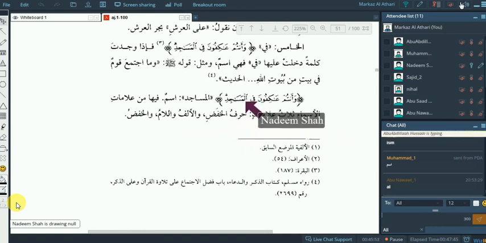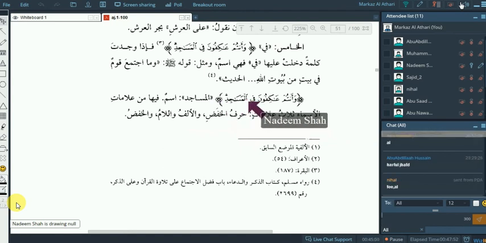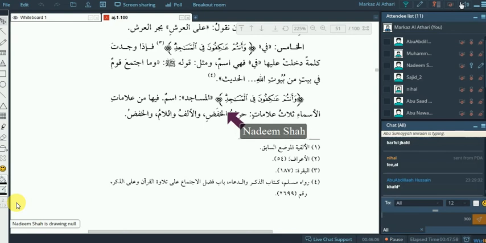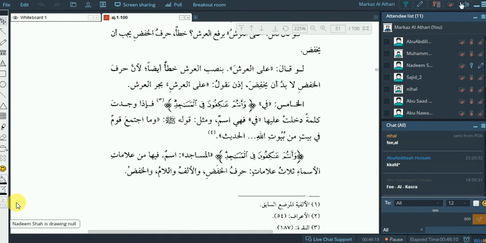Number one, that's number two, that's number three: harf al-jar, al, and the kasra at the end, or the khafd. Those are the three, and the Shaykh mentions them over here. فيها من علامات الأسماء ثلاث علامات: حرف الخفض والألف واللام والخفض.